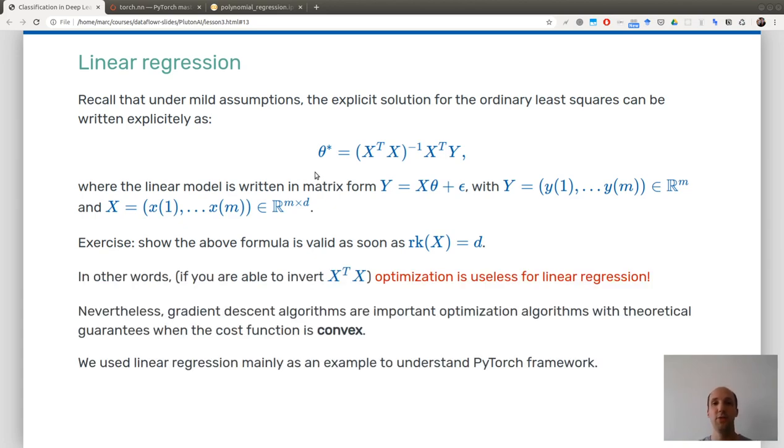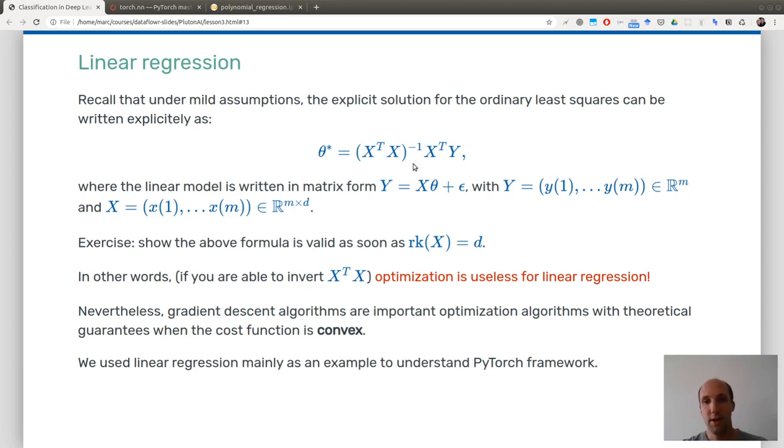So in other words, if you are able to do this inversion of a matrix, which might be big, optimization is useless. But still, inverting a large matrix is not an easy task, so even an optimization technique can be used in order to deal with this issue.